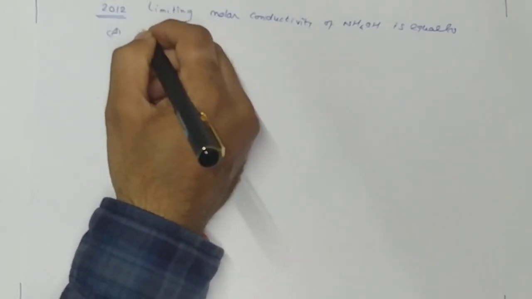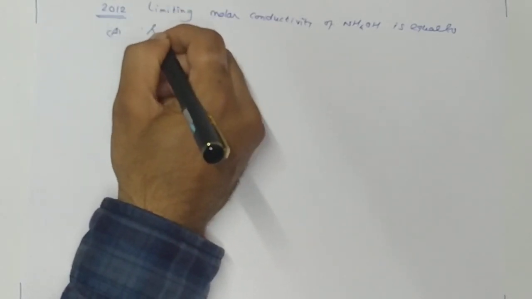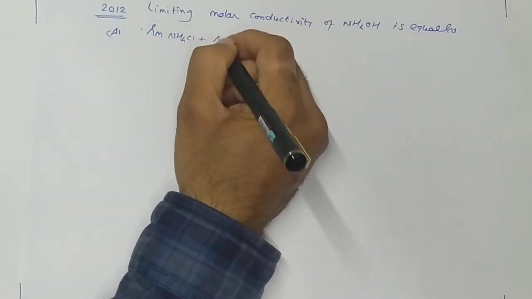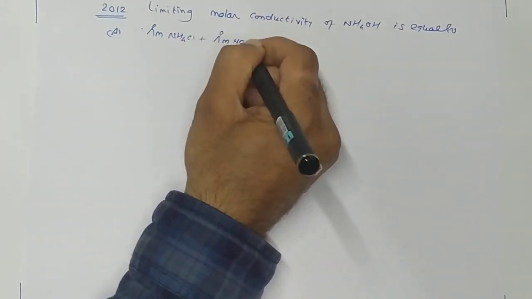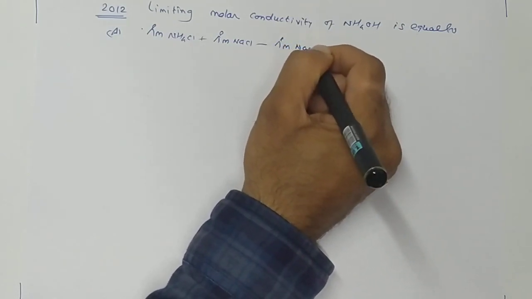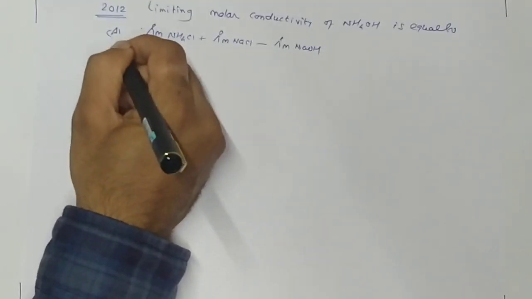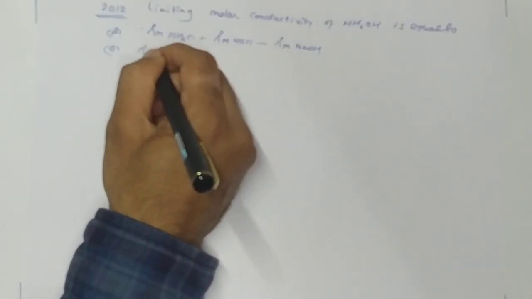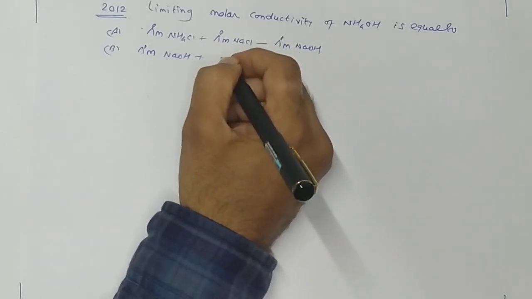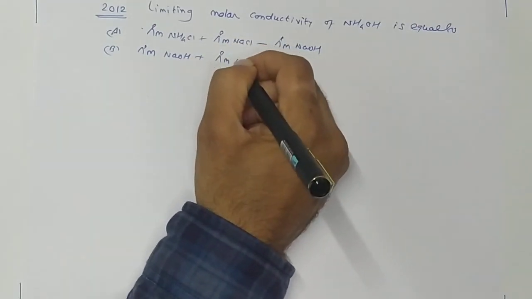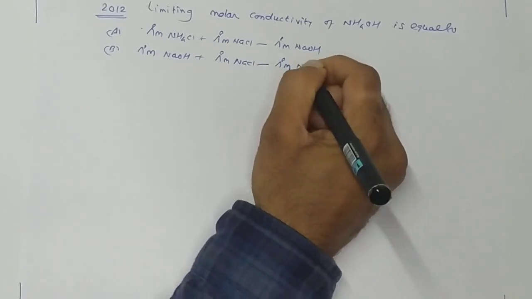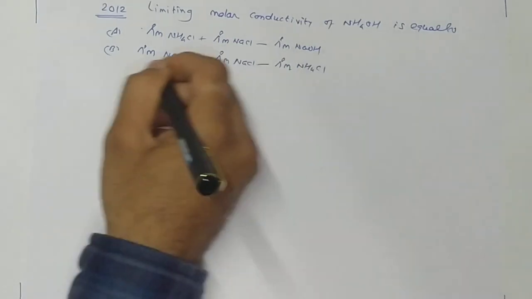A. Lambda degree m NH4Cl plus lambda degree m NaCl minus lambda degree m NaOH. B. Lambda degree m NaOH plus lambda degree m NaCl minus lambda degree m NH4Cl.